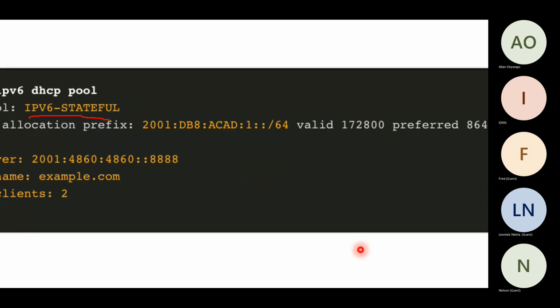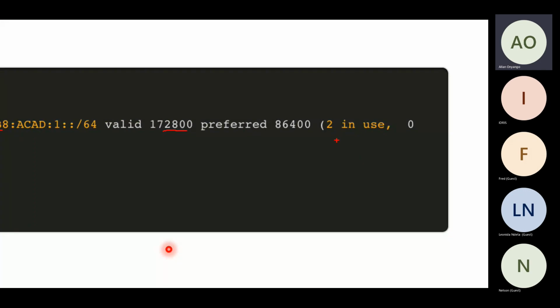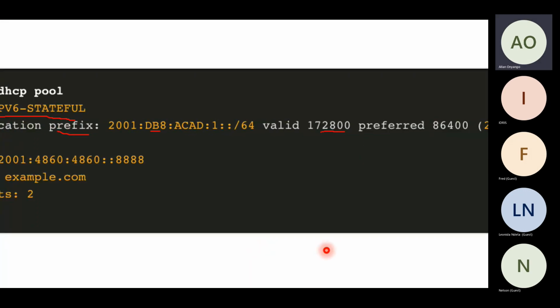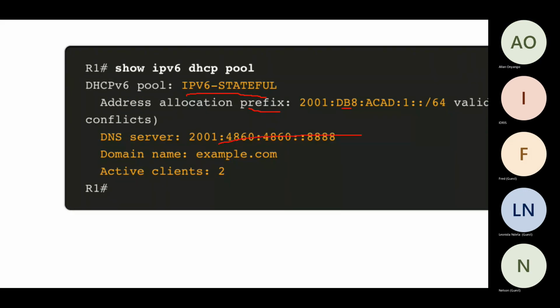Then the network address is actually here, the prefix 2001:DB8:1:1::/64. The validity time, of course, is here. How many addresses are currently in use? 2 are currently in use. DNS server address is here. Domain name is here. Of course, there are 2 active clients.